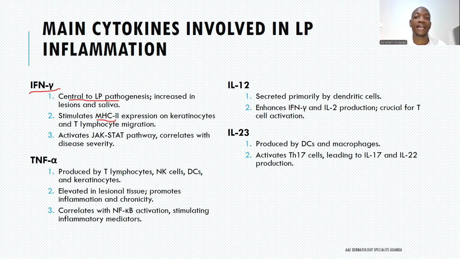If it is class 2, this information will be processed by the CD4 cells. After the CD4 cells have picked up this information, they migrate and take it to the nearby lymph node or lymphatic channel where we have the naive T cells. The naive T cells will then be forced to undergo clonal expansion. Then they come back, specific, looking for that particular antigen expressed by the keratinocyte, and that's where the interferon plays a role.